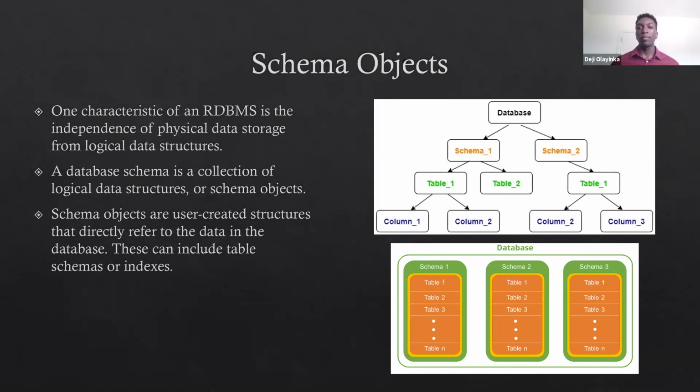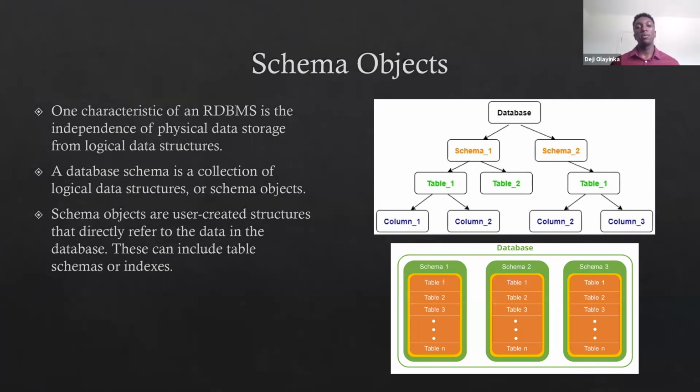But the great thing about relational database management systems is that there's an independence between the physical data storage and the logical data structure. So different tables from different schemas might be on the same file system, and there might be a lot of crossover, and also a lot more spread than what you would imagine if you were to just look at the logical data structure.